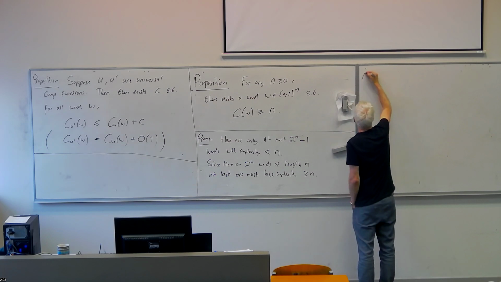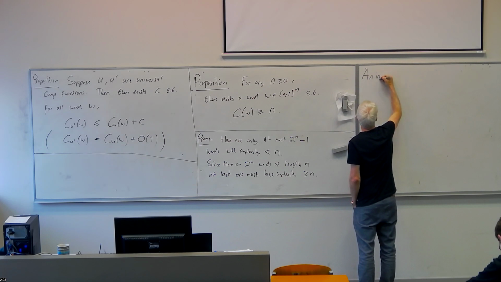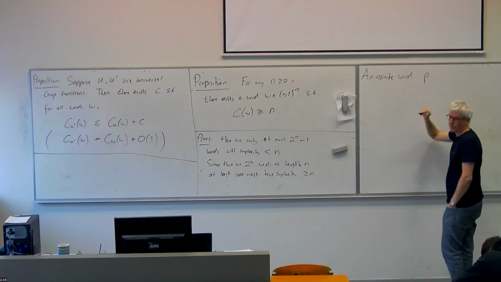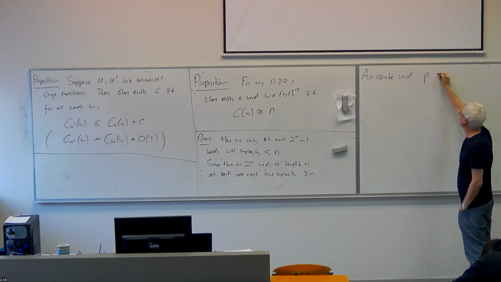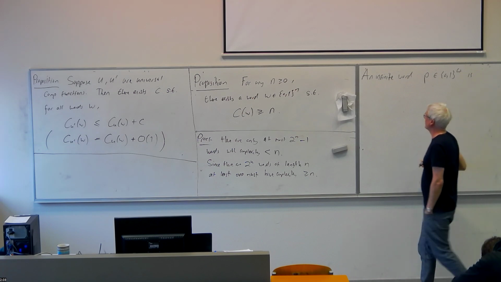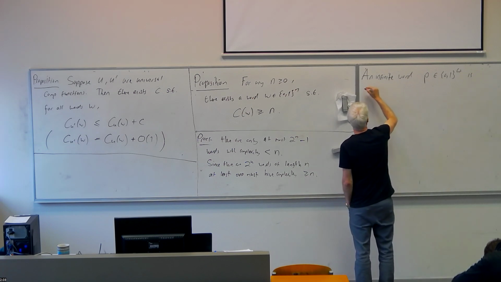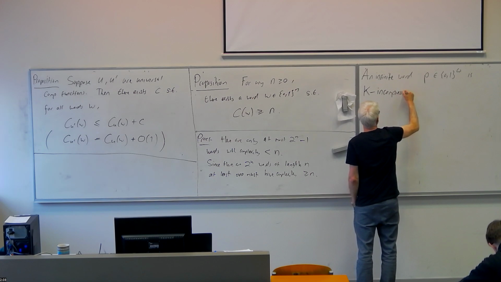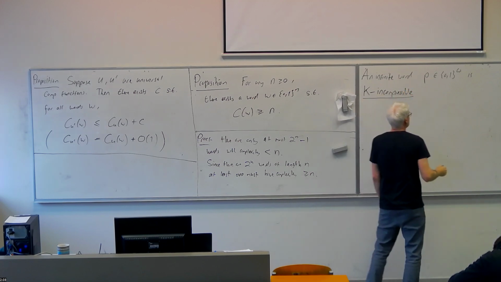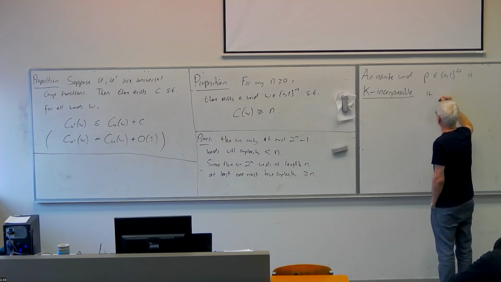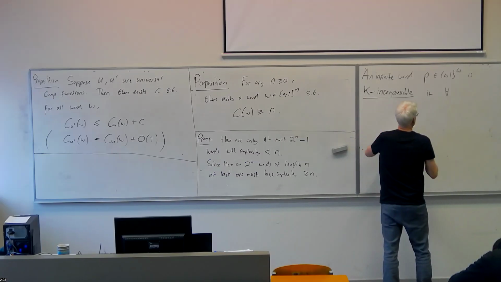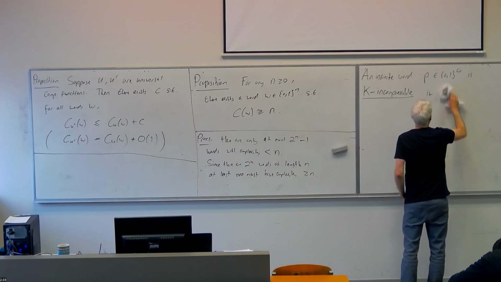So we say an infinite word, so we'll use P again for infinite words, like we've been doing in the last few lectures. So this is in 1 to the omega, is incompressible in the sense of Kolmogorov. So I'll just write K-incompressible then. If for all n, well, let's write it precisely.